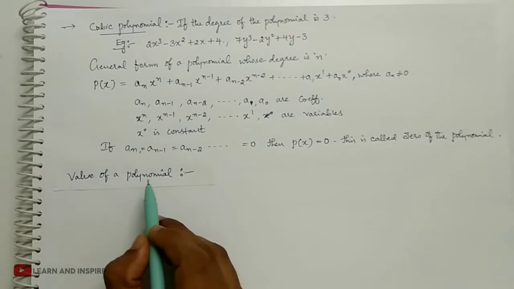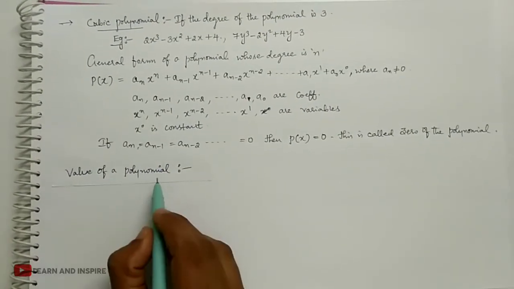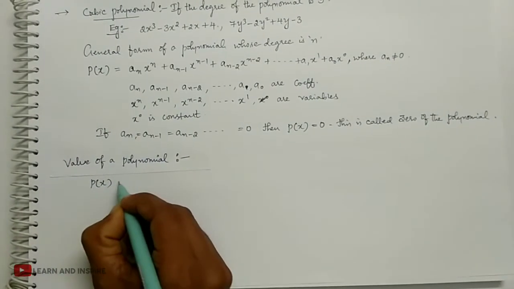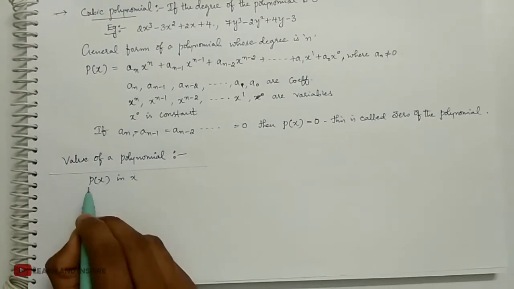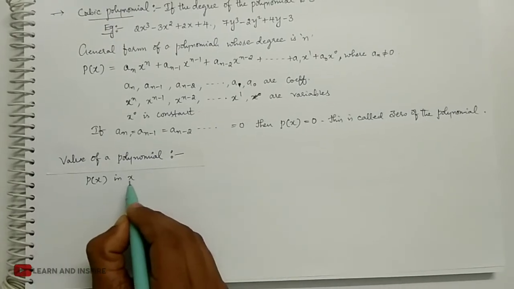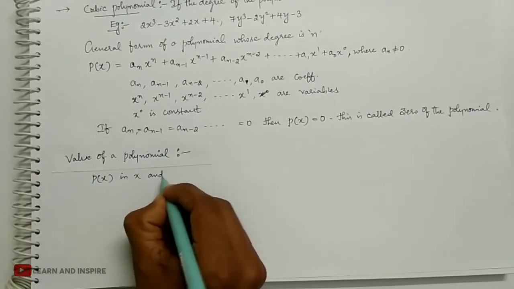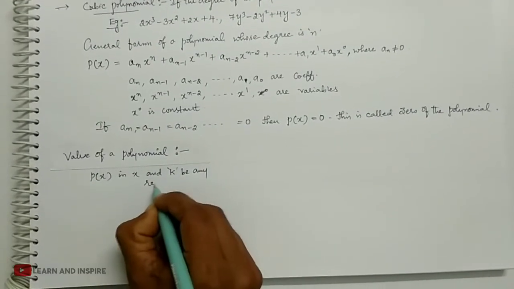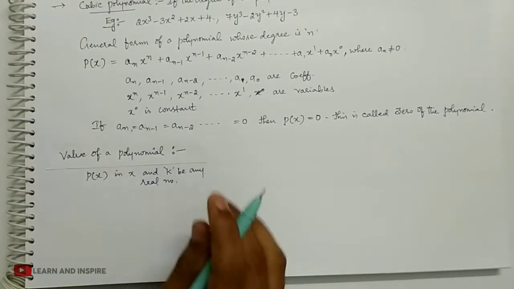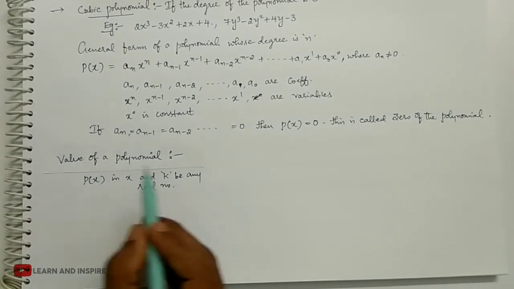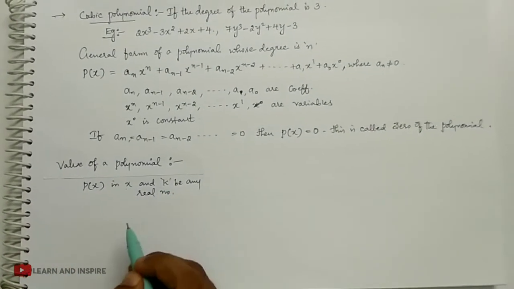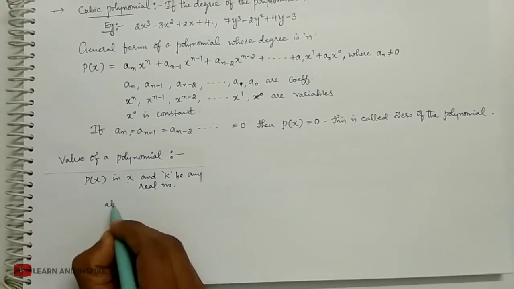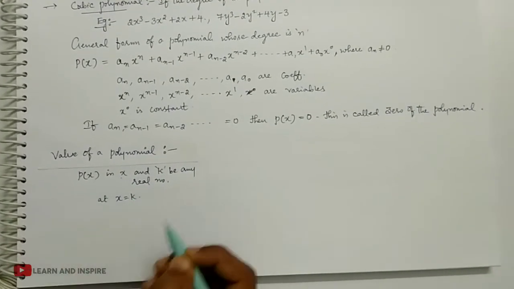Next topic, value of a polynomial. So the value of a polynomial is nothing but, if p of x is a polynomial in x and k is any real number, then the value replacing x by k, at x equals k.